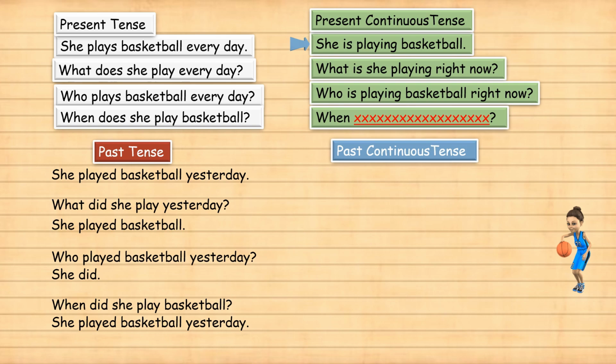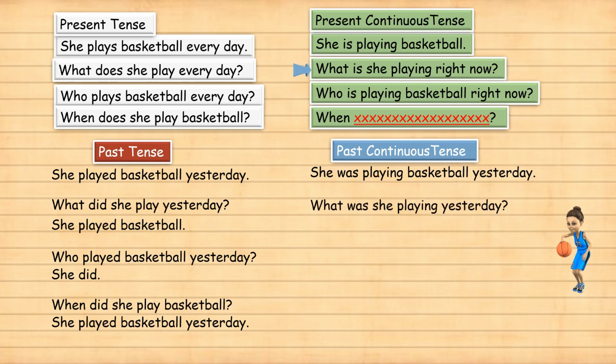Write the sentences in past continuous tense. She was playing basketball yesterday. What was she playing yesterday?